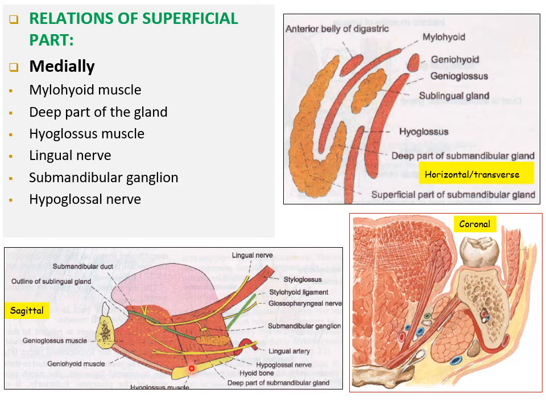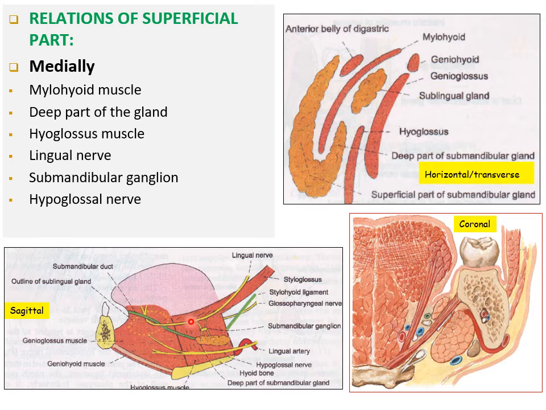The mylohyoid muscle and the superficial part of the gland are removed to expose the deeper medial relations. What I can see here is the hyoglossus muscle. Superficial to the hyoglossus muscle there is a portion of the gland. This is the deep part of the submandibular gland.